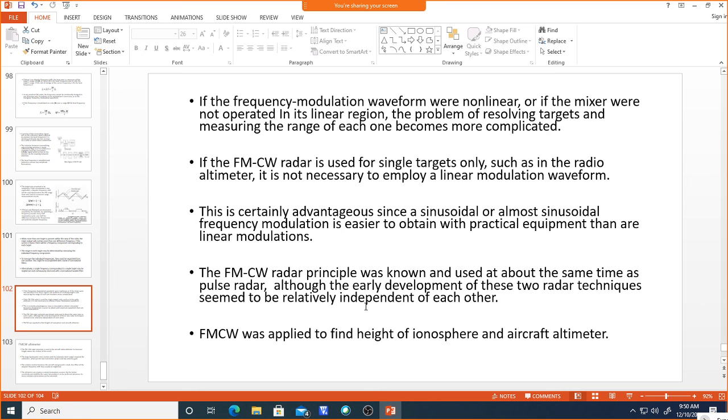These two techniques were discovered at the time of the world war, at the same time. Generally it was applied then to know the height of the ionosphere and also in aircraft altimeters. These are some of the places where FMCW is used.